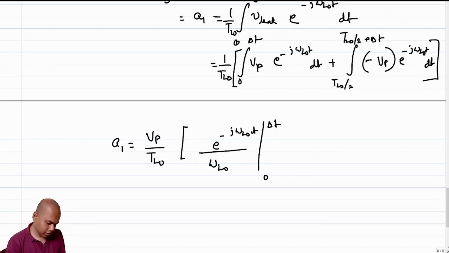From 0 to delta T. Then this is negative e to the power minus j omega LO t, again divided by minus j omega LO.